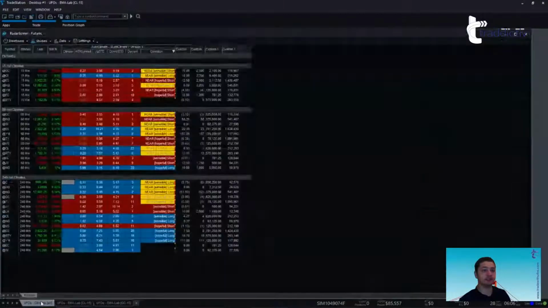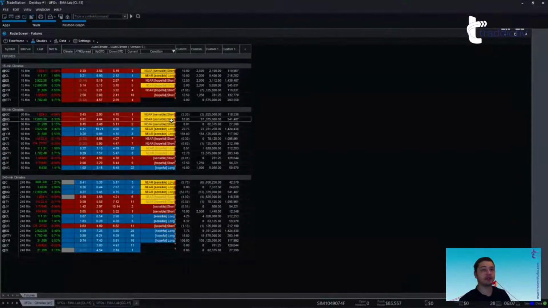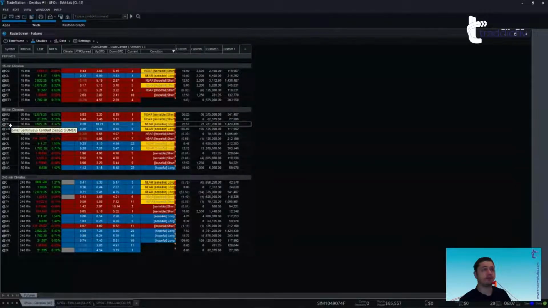So let's take a look, make sure we're not missing something somewhere else. Okay, so we do have a couple of things popping up here. The ES on the 60. So we have gold, Nasdaq, silver, the Dow, S&P, all kind of showing some higher time frame movement.